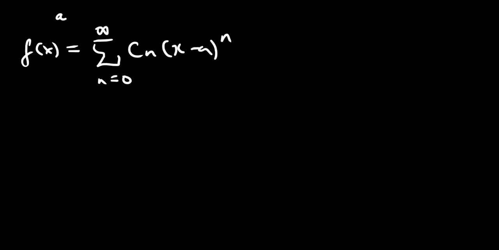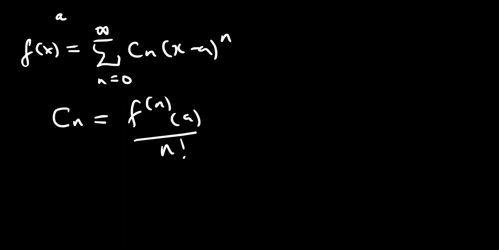If we have a power series in this general form, then the coefficients of this power series are given by the formula we just derived: cn equals f^(n)(a) divided by n factorial.